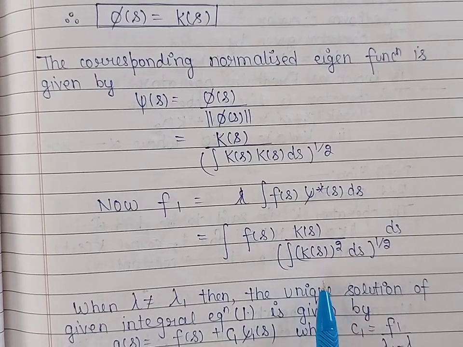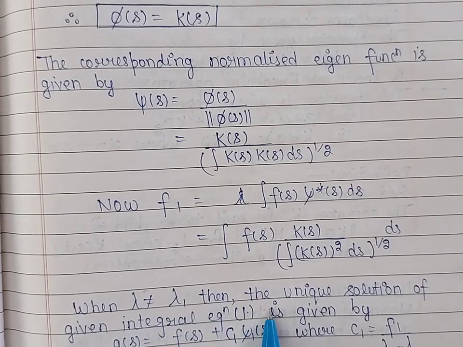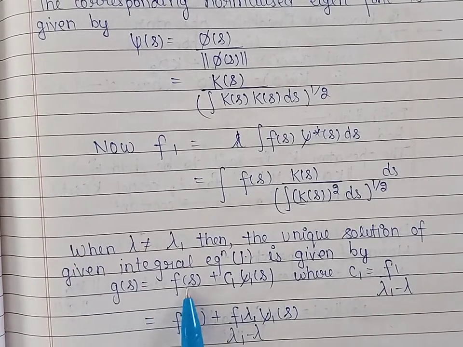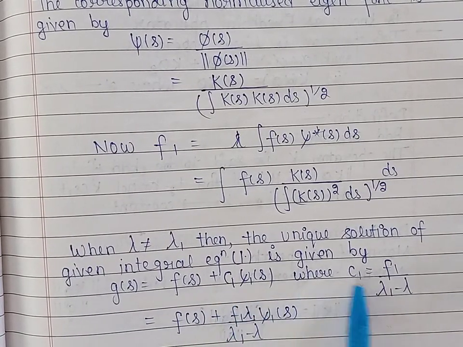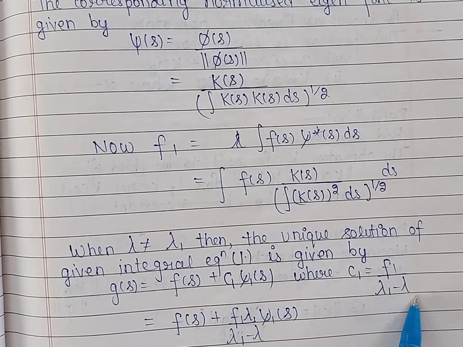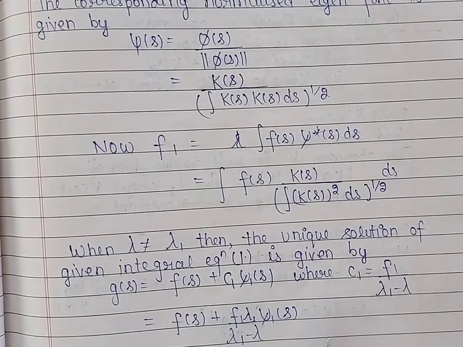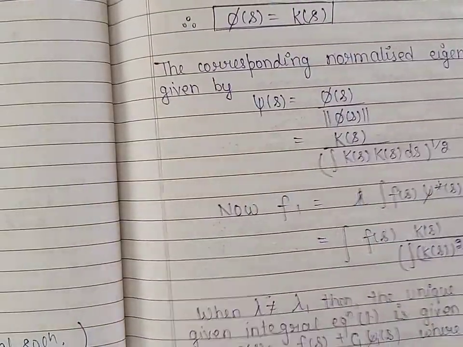Now when λ is not equal to λ1, then we get the unique solution, and that is given by the formula g = f + c1ψ1. Now c1 is f1 upon (λ1 − λ). So substituting the value of c1 and ψ1 here, we get the solution of the integral equation.